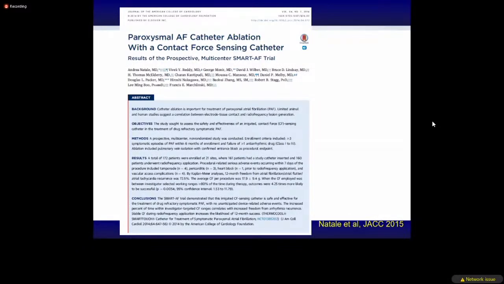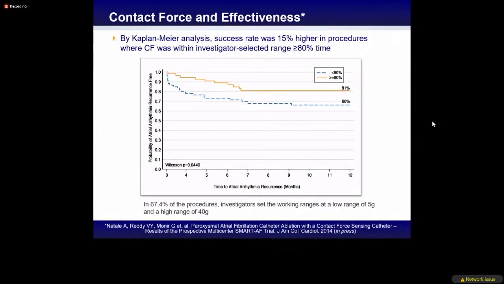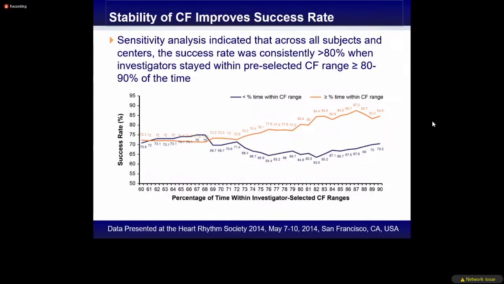Also, you are all using contact force in practice. These are one or two papers showing that contact force improves success if you are able to maintain stable contact, 80% to 90% of the time. In this paper, it was 80%, and you see how success rate improves in those patients where the contact force was stable within a range set by the operator.